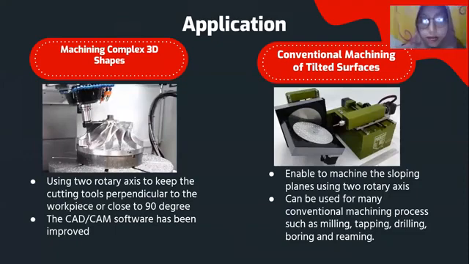And here is the application of the 5-axis machining. The first is machining complex 3D shapes. For this application, the 2 rotary axes are used to keep the cutting tools at or close to 90 degrees to the surface of the workpiece. The CAD and CAM software used in this application has been improved very well.